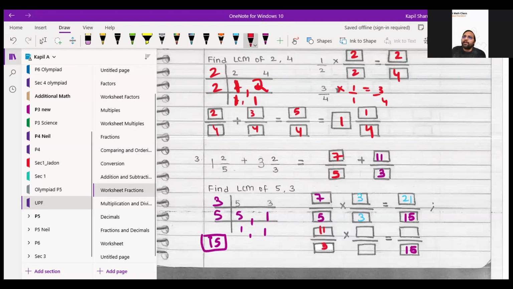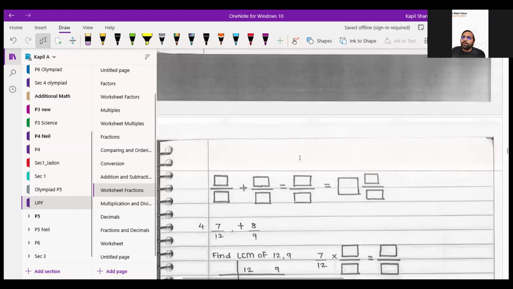We need to multiply and divide by 5. So we get 55. Swastik, your answer is correct. Good. So basically we get 21 upon 15 plus 55 upon 15, which is equal to 76 upon 15. Now, can you convert this into a mixed number, guys?